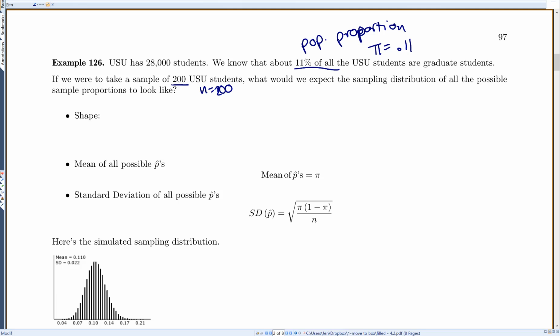Well, first of all, when we look at possible sample proportions, it should be normal if we have at least 10 successes and 10 failures. Now, in this case, we haven't actually taken a sample yet. So do you know how many successes and failures you have? You don't actually know for sure, but you can see how many you expect to get. So we would expect 11%, or 0.11, times 200.